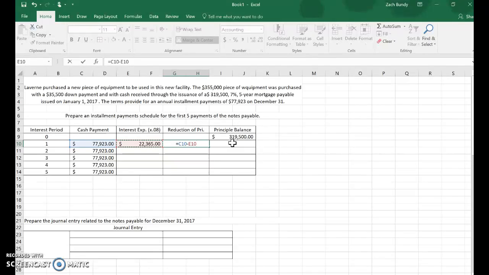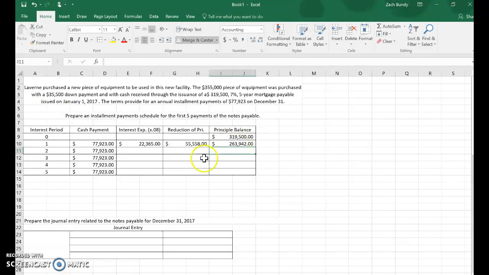Kind of like when you're paying your mortgage, a portion of it goes to interest, while the rest of the payment goes to pay off the principal. So this is what will be paid to the principal. And to find out this last answer, we take the principal and subtract the reduction of the principal. That gives us our new principal.